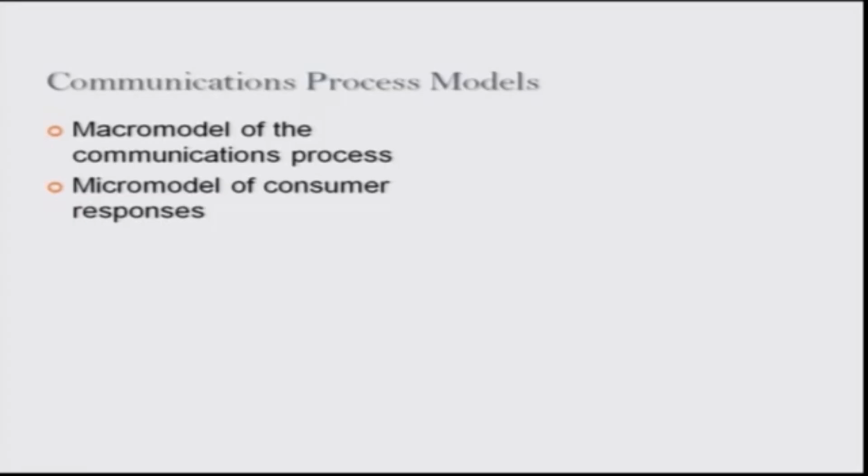This is a model for human communication process. It not only applies to marketing communication, but to communication in general, whether it is communication in the classroom or communication between you and me happening right at this moment, or any occasion of human communication.